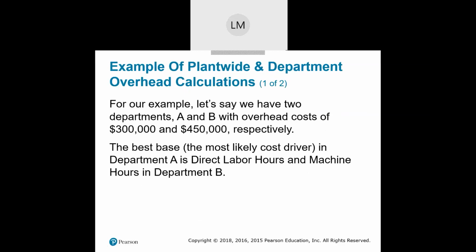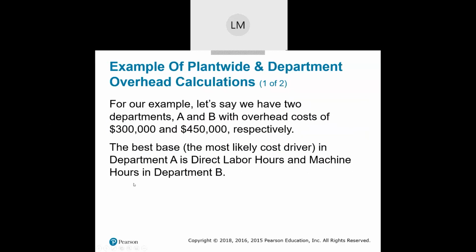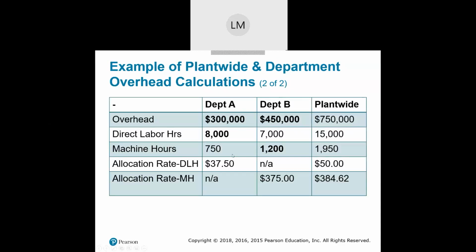Now the most likely cost driver in Department A is direct labor hours, and machine hours in Department B. So Department A is direct labor hours and machine hours is in Department B.